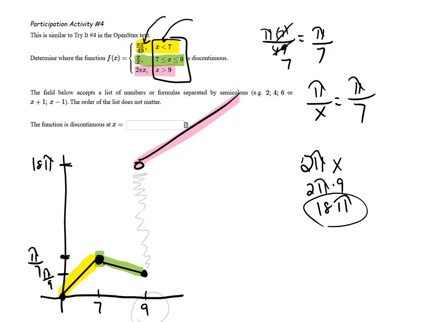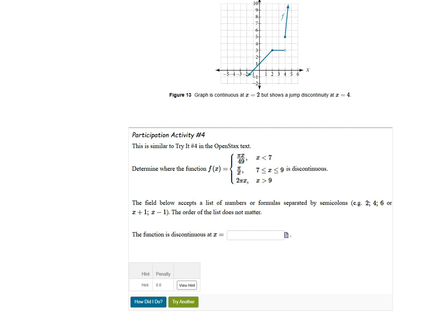But at 9, there's a big jump. So the function is just discontinuous at 9. It doesn't ask me how it's discontinuous, but it is a jump. It is a jump discontinuity.